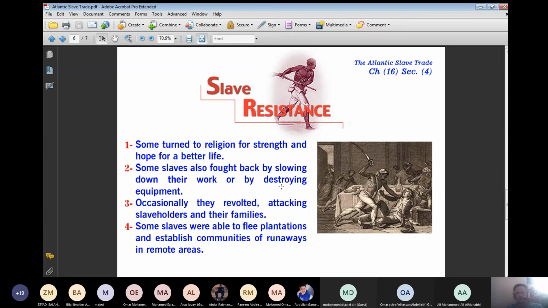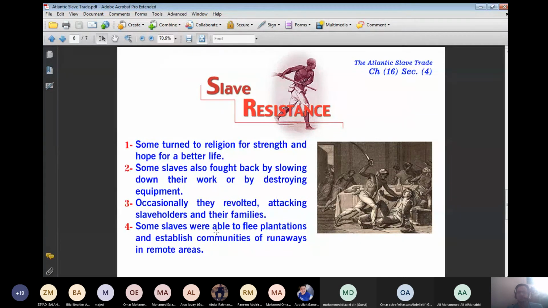Of course, if the master saw them destroying the equipment, they would be punished. But they could secretly destroy the equipment so the master would not find out what's wrong with this piece of equipment. Occasionally, they revolted, attacking slaveholders and their families if they had the chance.